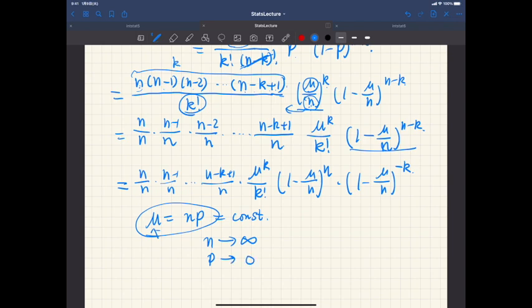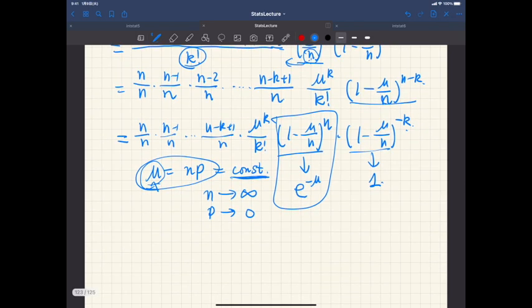So we move n to infinity while keeping mu constant. In this limit, this converges to exponential of negative mu, and this one converges to 1, because n goes to infinity while k is constant. This is just a formula you can look up somewhere.